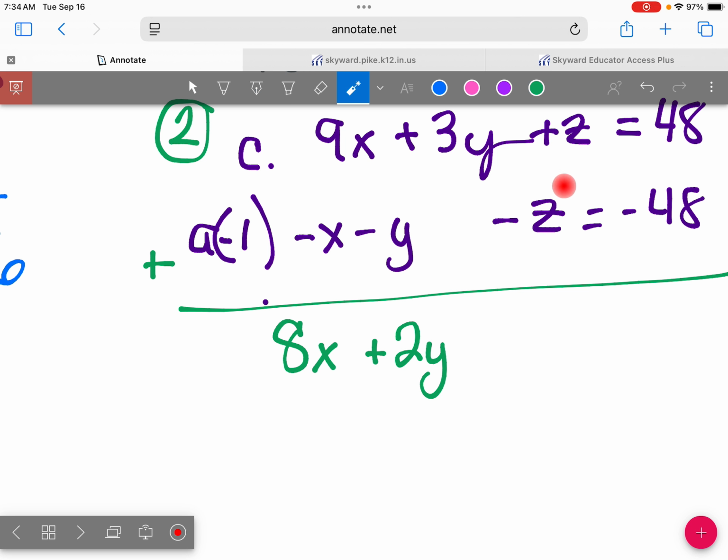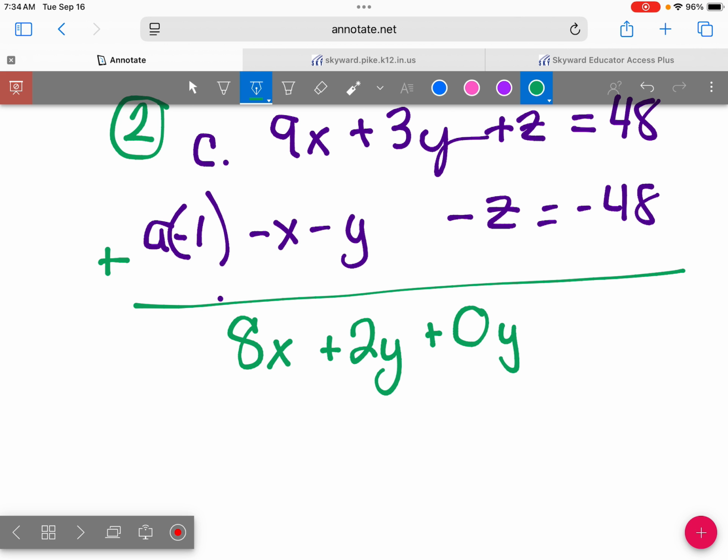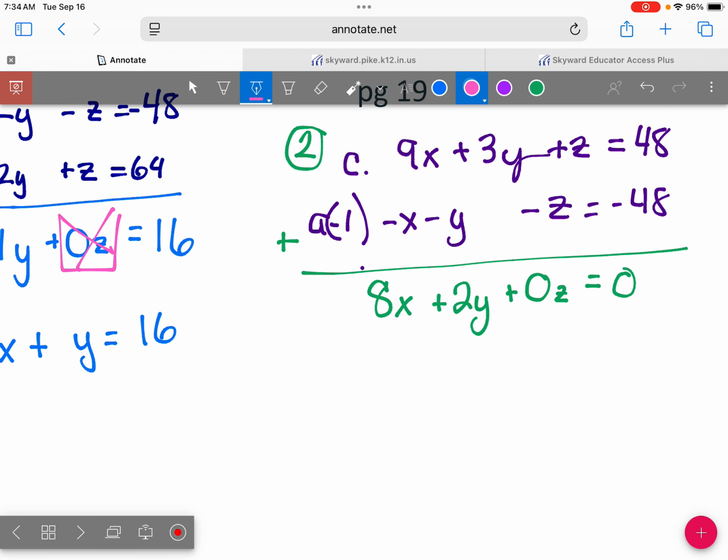What do we get when we add our z's together? 0. That's the whole point. One of them needs to hit a 0. At least one. And what do we get? That's a z. There we go. And what does it equal? 0. It's allowed to be 0. We can have a 0 here. So again, I had my z's cancel out. That's our whole point. So we get 8x plus 2y equals 0.